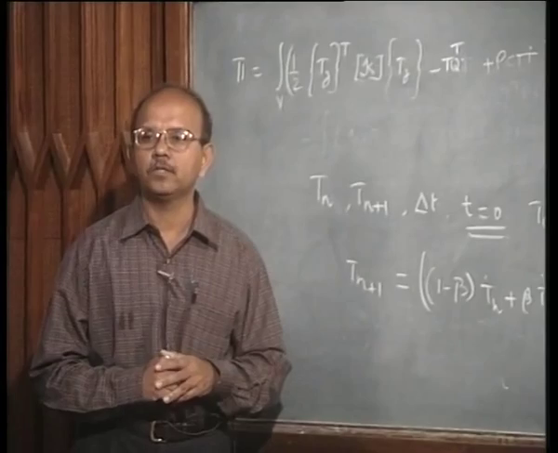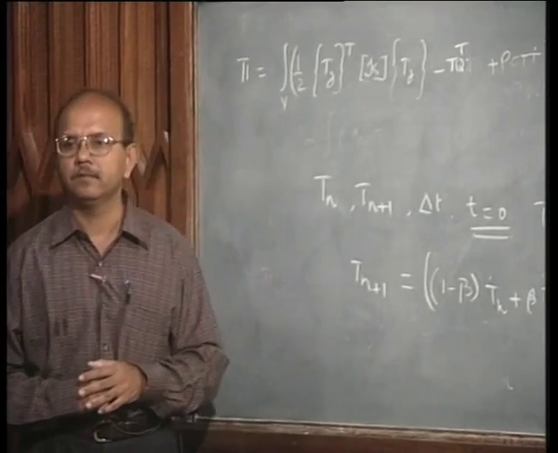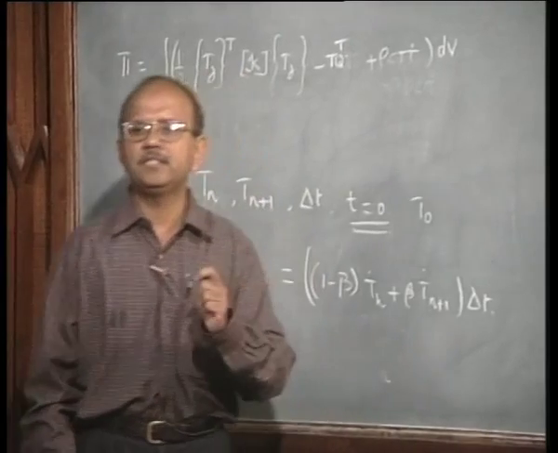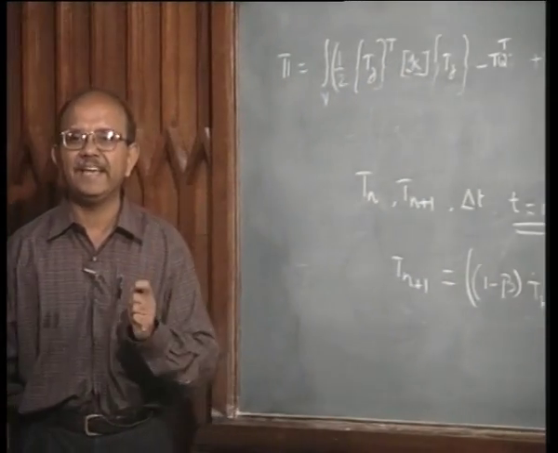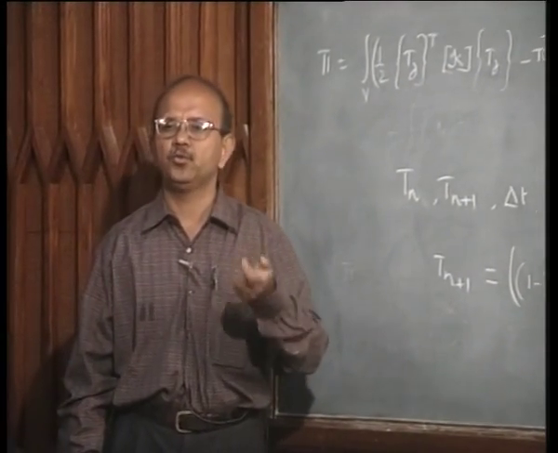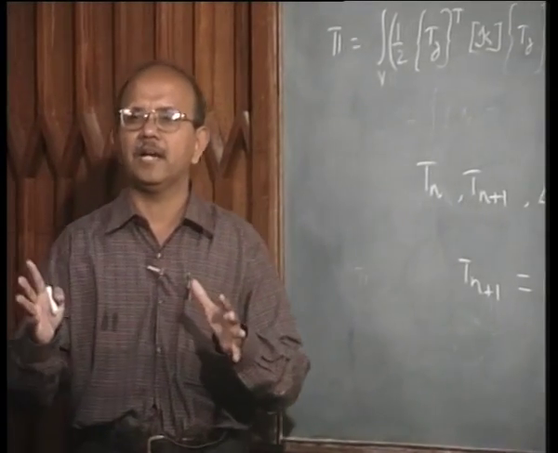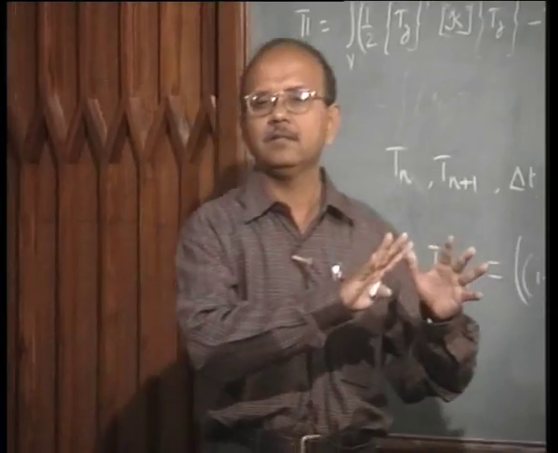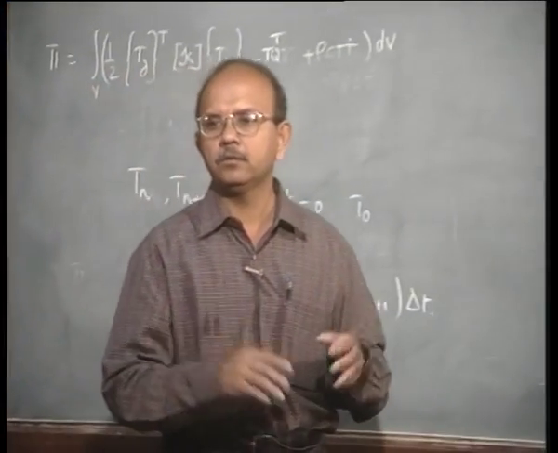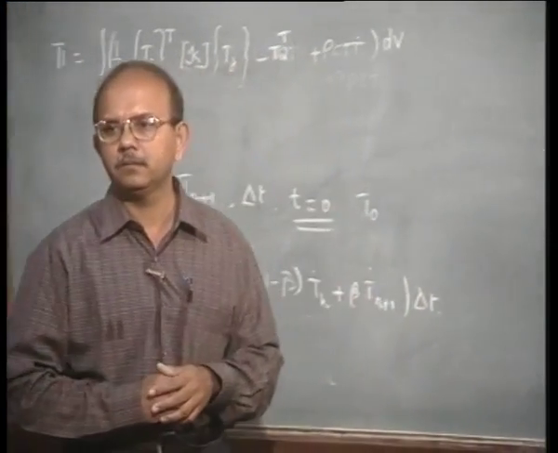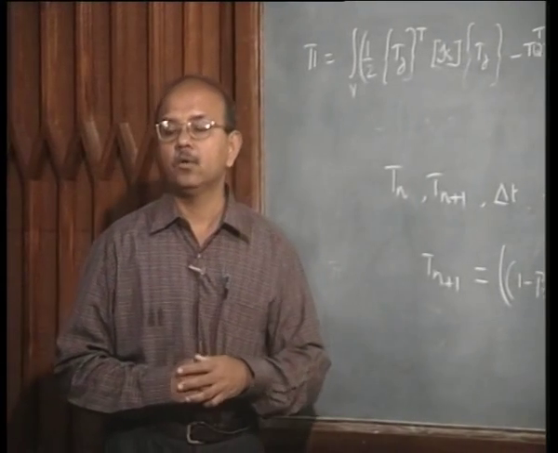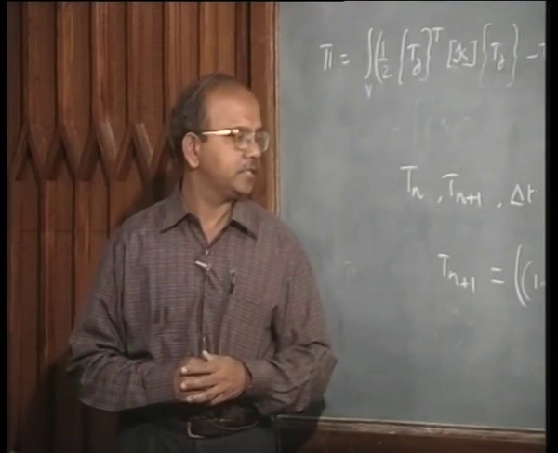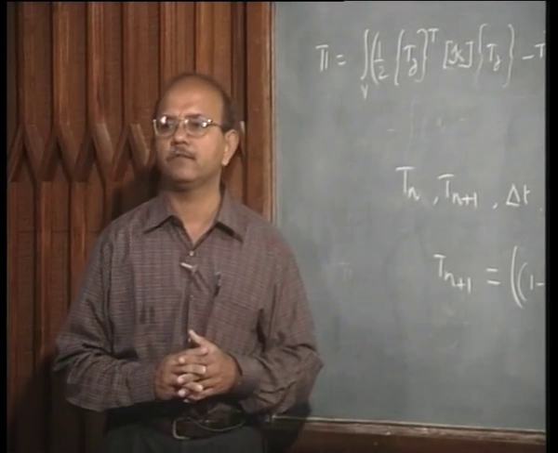The whole point here is to say what slope you use. After all, slope, dou T by dou small t into delta t, will give me my new T n plus 1. So the whole idea here is to find out what slope I have to use.